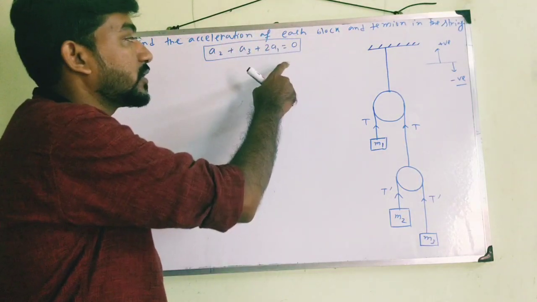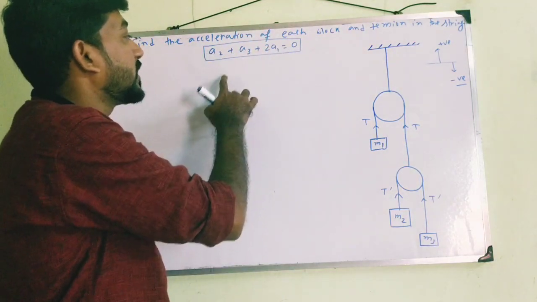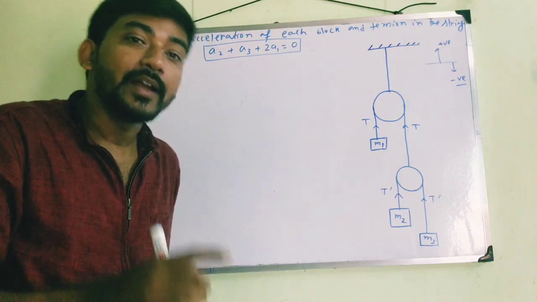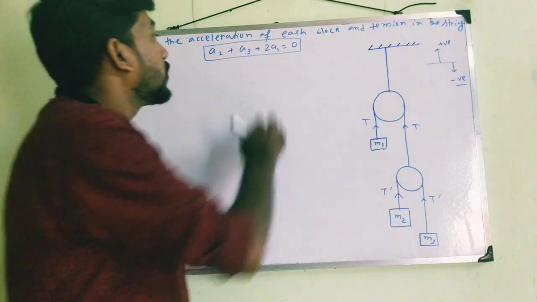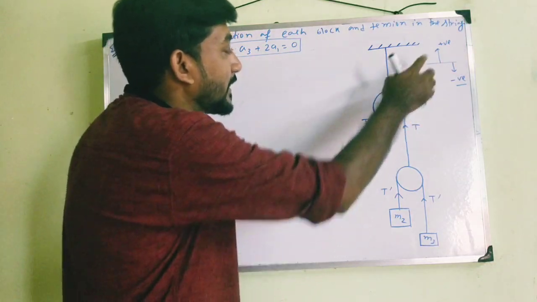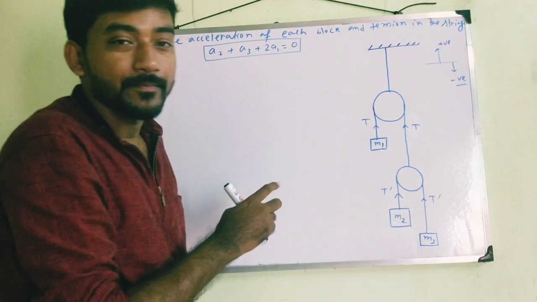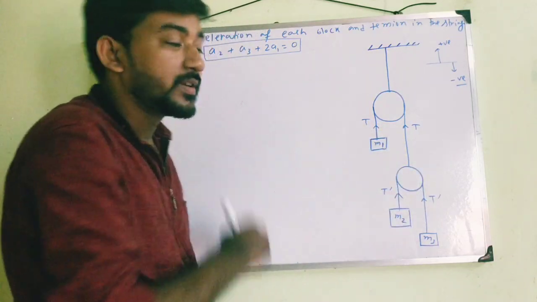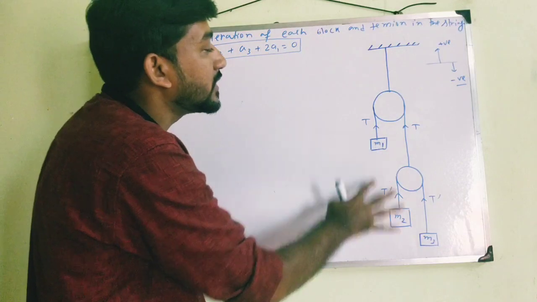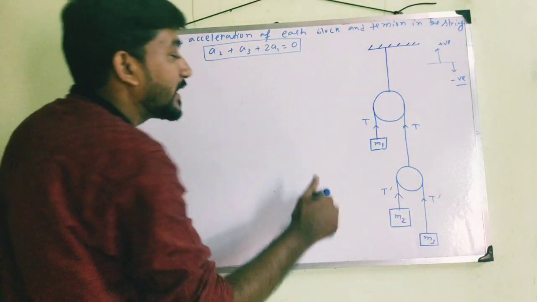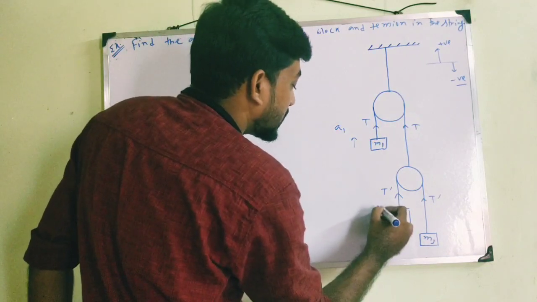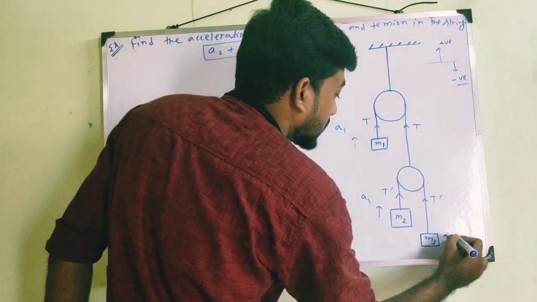In this equation we have all the information about the relation between these accelerations, in magnitude and in direction also. So we have to take all the accelerations of the blocks in the positive direction, and here the positive direction is upward. So I will take all the accelerations in the upward direction, that is a1, a2, and a3.